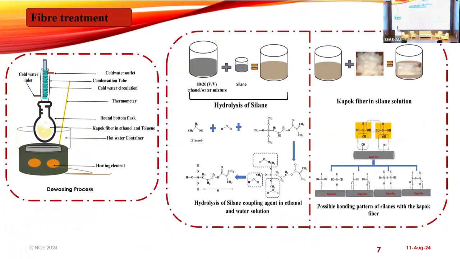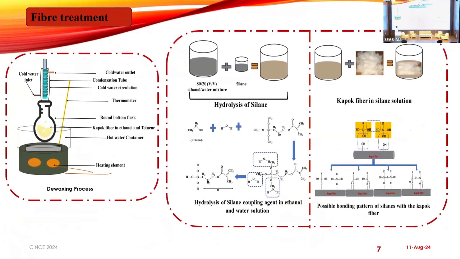For fiber treatment, the fibers are first purified using a dewaxing process, in which the fibers are treated using ethanol and acetone solution. Then these are treated with silane. As you can see, this silane has bifunctional characteristics. This is the hydrolyzed silane. One side is rich in carbon and another side is rich in OH groups.